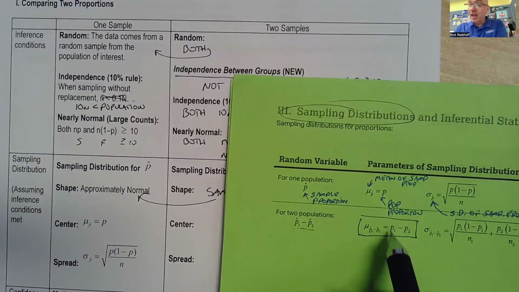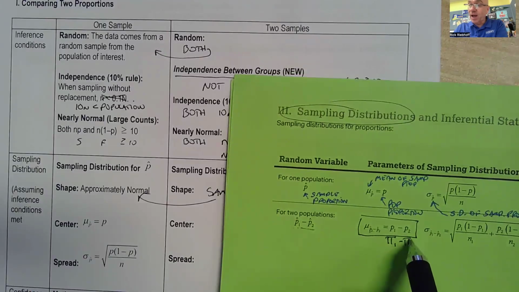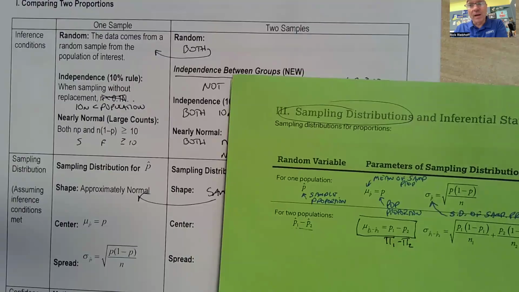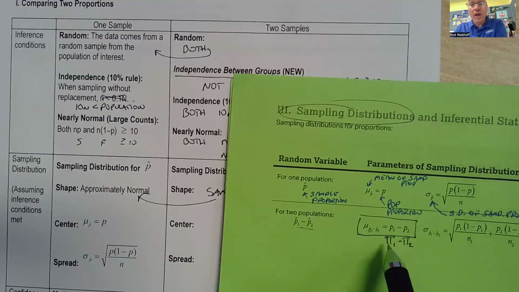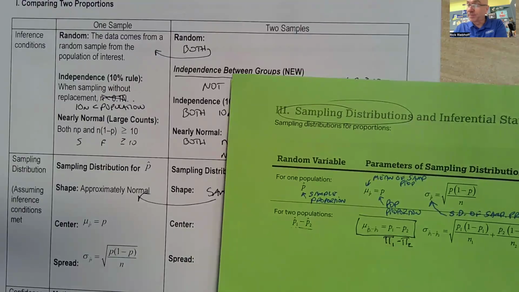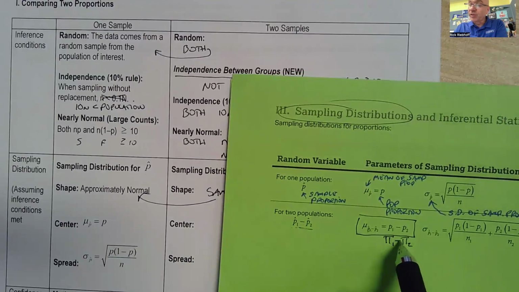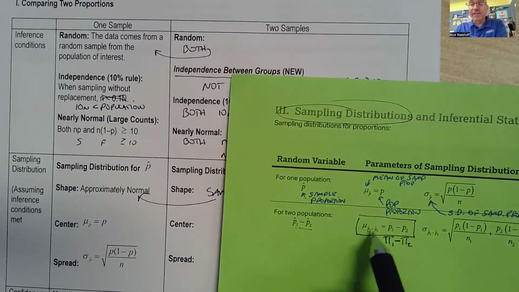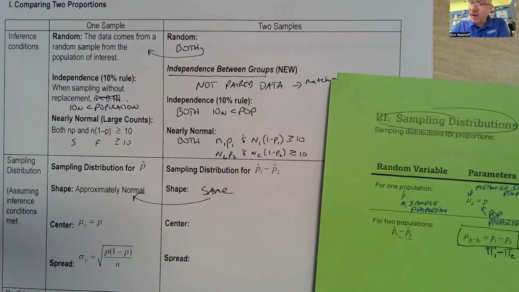Remember, p can be replaced by pi. On this sheet, it's not. I would prefer they go to pi. They're not going to right now, but you can write pi. It's totally acceptable. So the difference in the population should be the same as the mean of our differences from the sampling distribution.